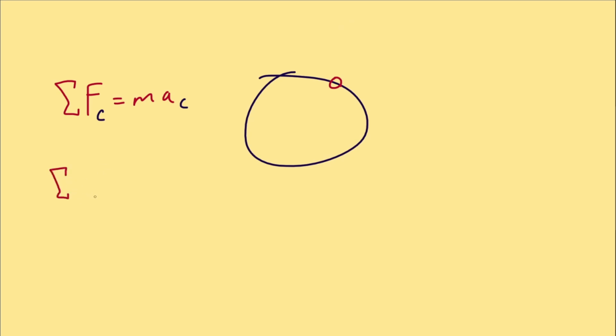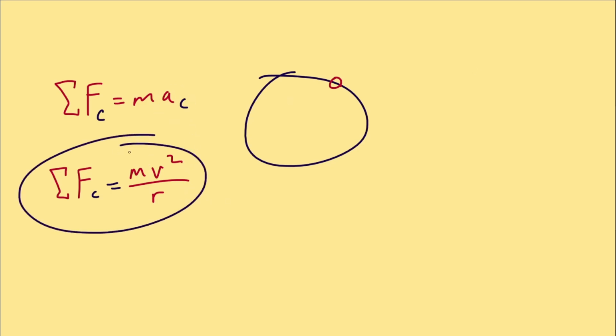This is the formula for centripetal force. F_c for centripetal is equal to mass times velocity squared over radius. And we took this from the formula for centripetal acceleration. This formula is also on the free cheat sheet, and we're going to be using it quite a lot.